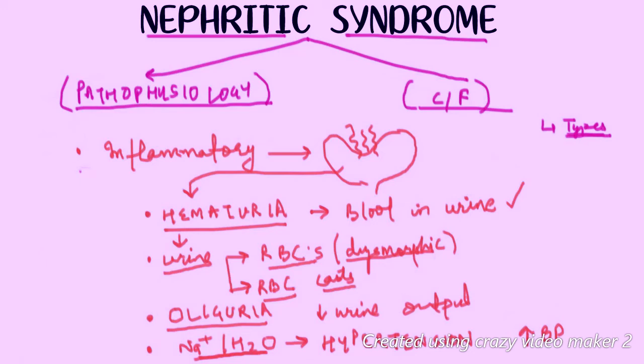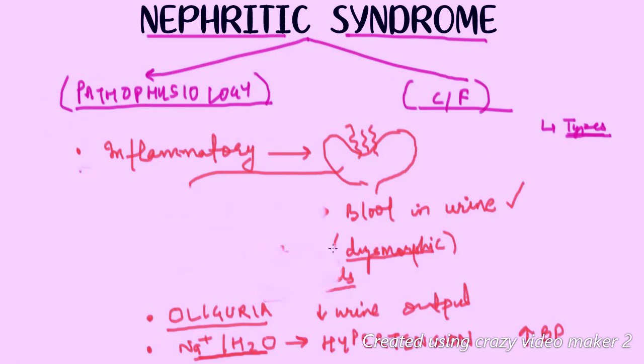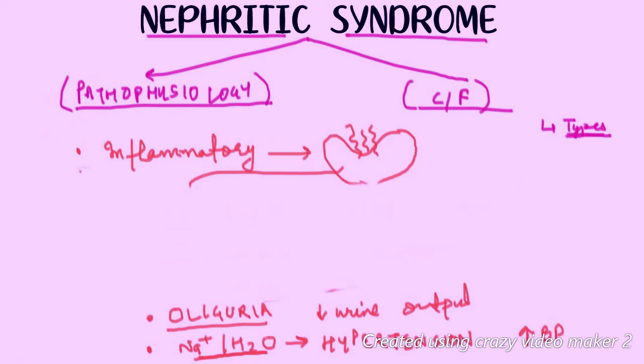Also, since there is a decrease in the urine output, or oliguria, it will also lead to the retention of nitrogenous waste products within the body, and the retention of nitrogenous waste products within the body is called azotemia, that is, there will be elevation of urea, which is written as blood urea nitrogen, and there will be elevation of creatinine in the blood, and this is referred to as azotemia. So these are the main clinical findings.